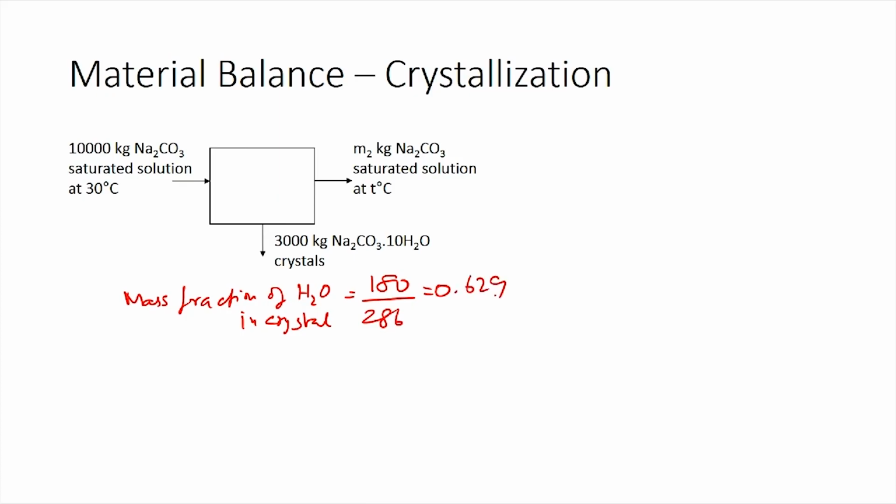So, now that we have all the information about the mass fractions, let us go ahead and perform the balance equations. Let me just fill this table so that we have all the information which we calculated. We had calculated that the mass of Na2CO3 entering through the solution is 2800 kilograms and water is 7200 kilograms, and we have calculated the mass fractions for Na2CO3 and water here as 0.371 Na2CO3 and 0.629 water.